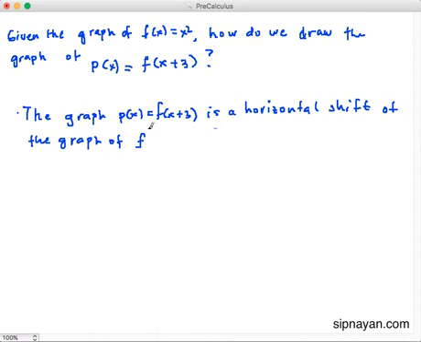So the graph of p of x equals f of x plus 3 is a horizontal shift of the graph of f by 3 units to the left. Okay. Pag plus 3, 3 units to the left.